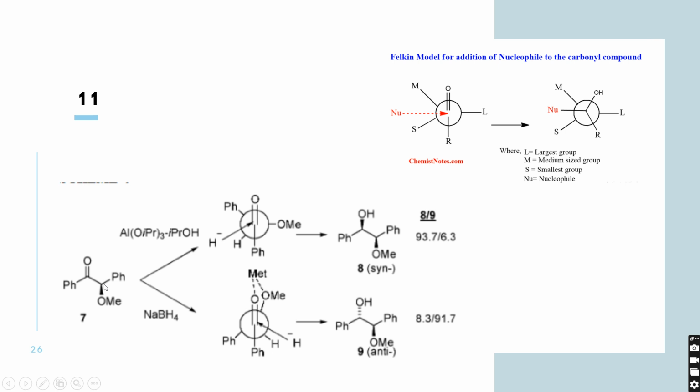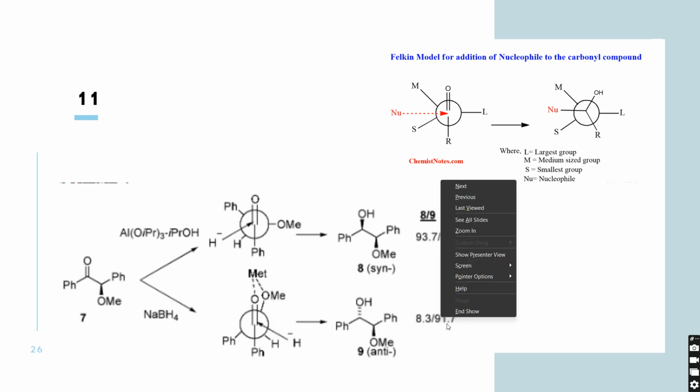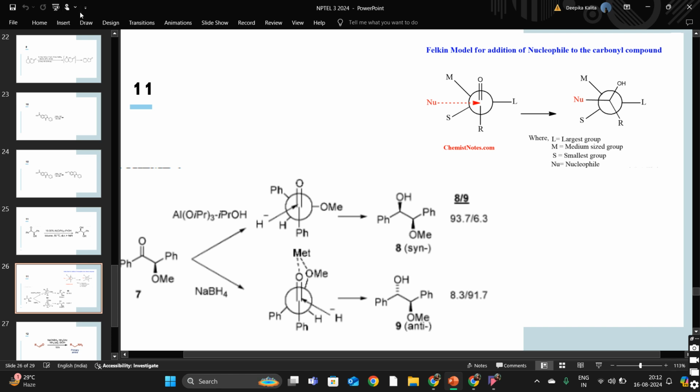And hydrogen is the smallest group present at this carbon. So the incoming hydride will attack from this side of your substrate, and in turn your hydroxy will be pushed this side. I will show by maybe drawing, so that you can clearly understand.